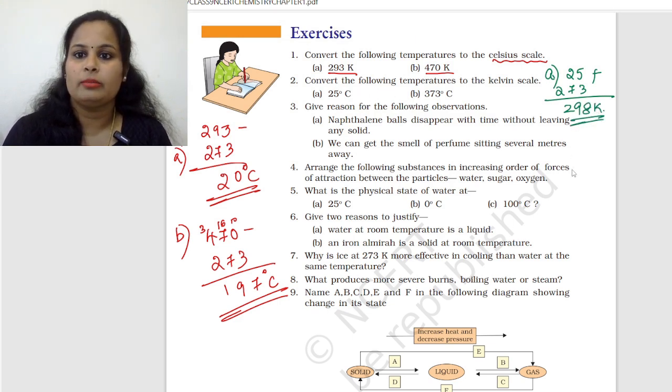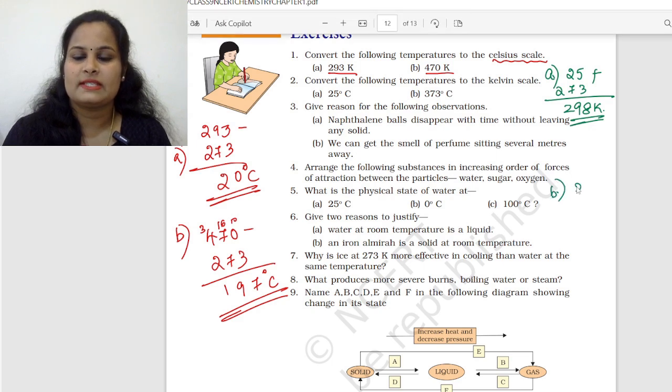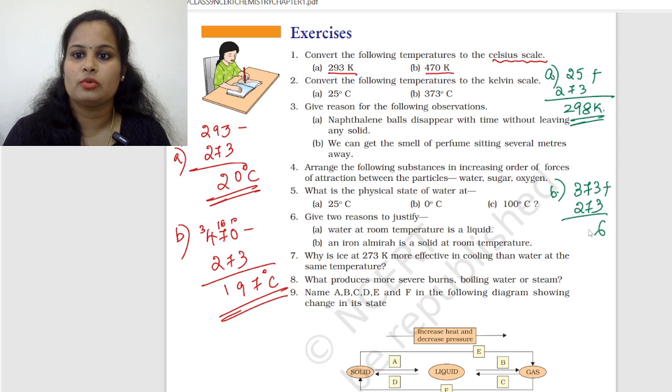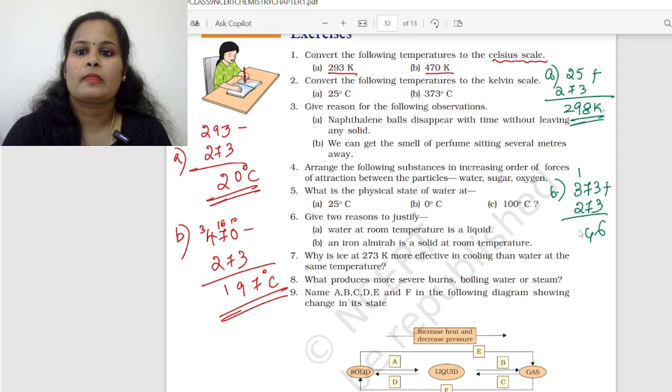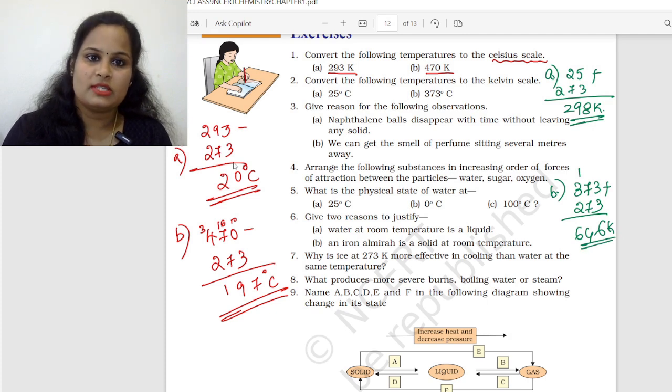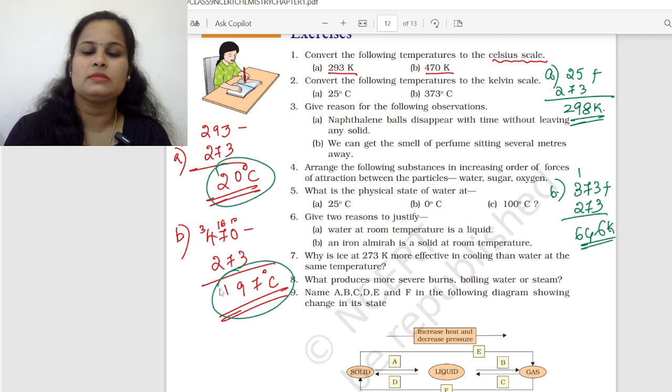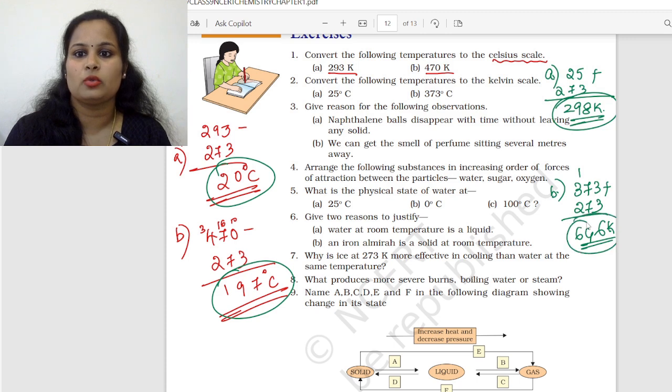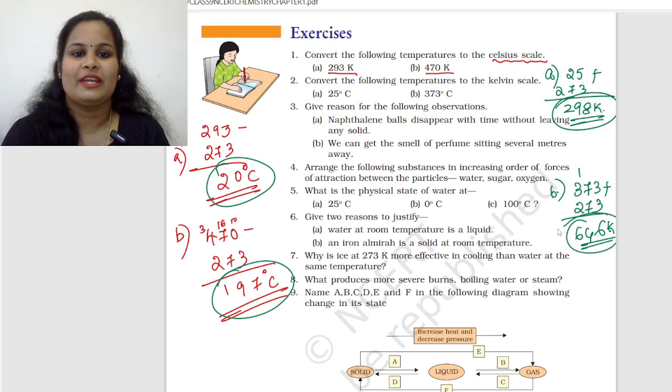And the third one, the B question, 373 plus 273, which would give you 646 Kelvin. So these are the answers. So please kindly take a note of the same. I hope until this it is very much clear to everyone. Let's move ahead.